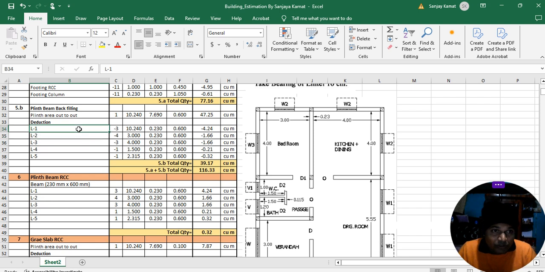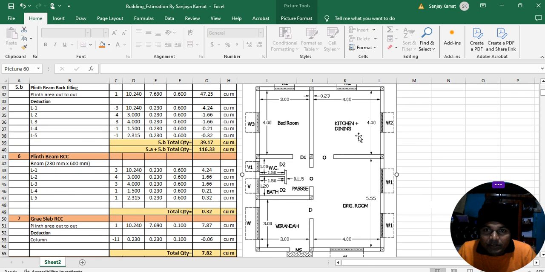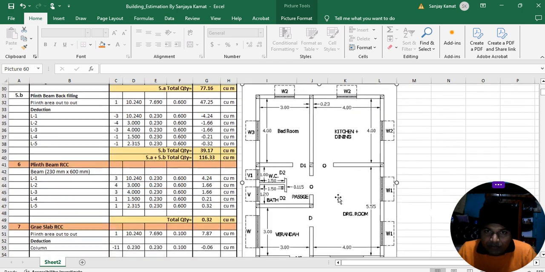Okay, so we are deducting this. Here L1 is the length of the beam, then L2, L3, L4, L5. Now the bedroom is here, kitchen and dining room here, passage here, bathroom here, drawing room here, veranda here, and you can see in the figure also.